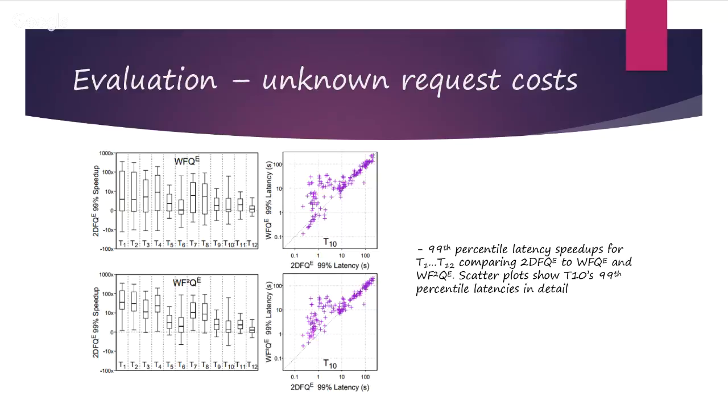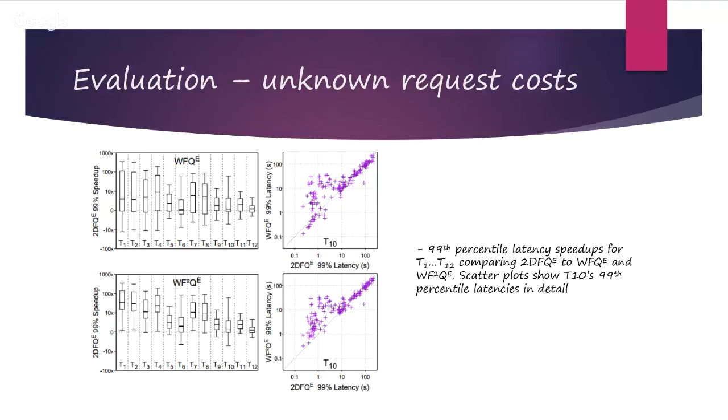T1 has a median improvement of 3.698 times over weighted fair queuing and 142 times over worst-case weighted fair queuing.